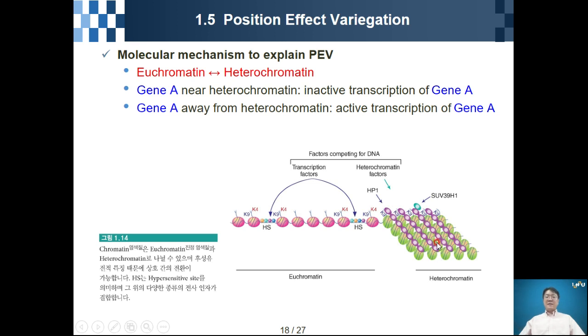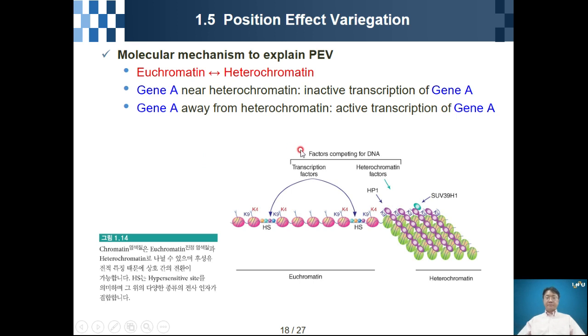So it means that it can induce inactive transcription of gene A. But when gene A is away from the heterochromatin region, in this region is euchromatin region. So usually several transcription factors can easily bind to this region. Then it can induce active transcription of gene A. So this is the underlying molecular mechanism of PEV.